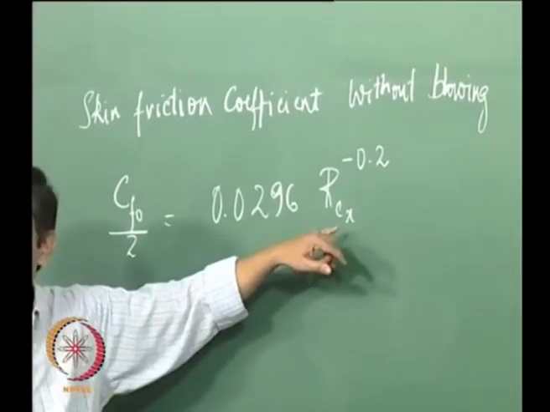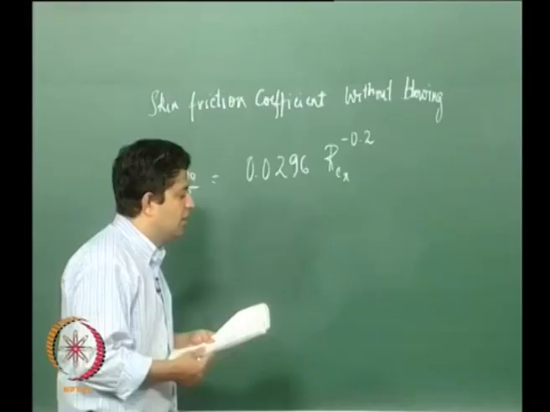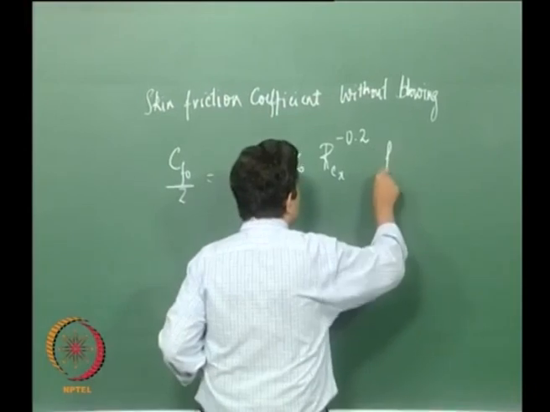This x indicates the location along the axis. Okay. This is for a turbulent flow.